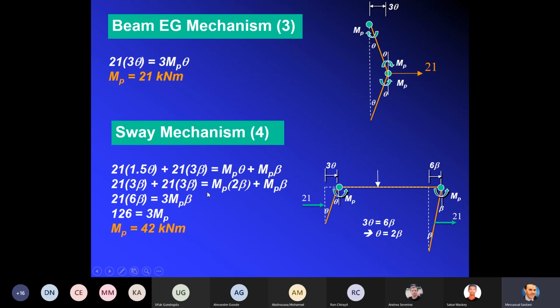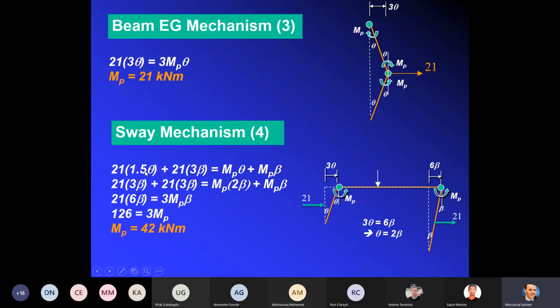Okay, and what I'm going to do, we can substitute the theta everywhere by beta, or you can substitute beta everywhere by theta, whichever one you want. You can substitute theta by 2 beta, or you can substitute beta by half theta, and you get exactly the same answer when you substitute. What I've done here is substituted theta by 2 beta.